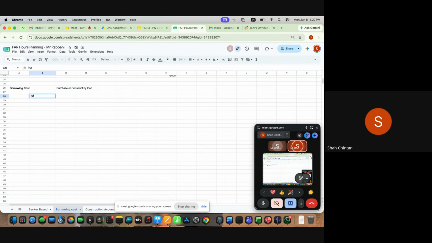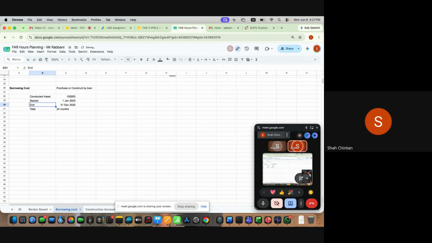Suppose you have constructed the asset, and let's say the cost of construction was 100,000. And let's say you started construction in January 2025, and ended the construction on 31st December 2026. So in total you have taken 24 months.